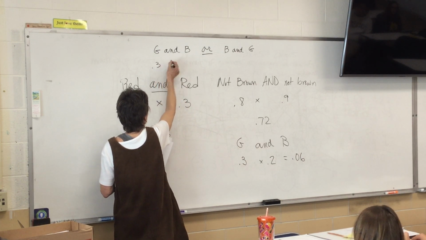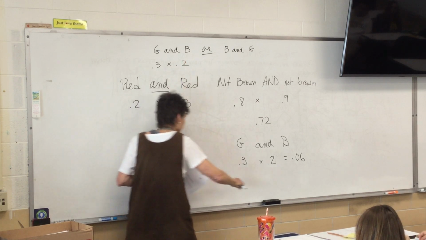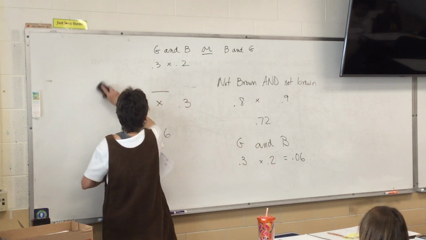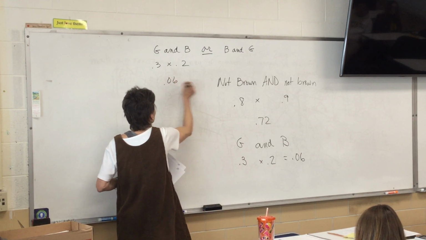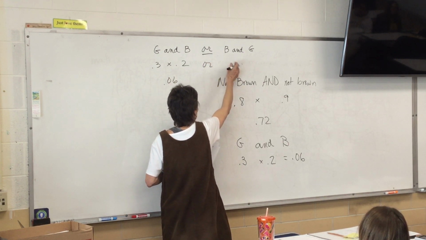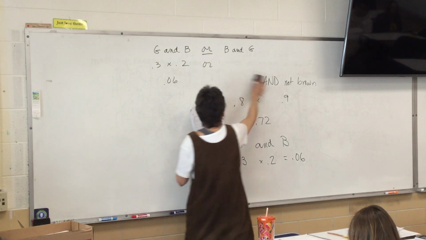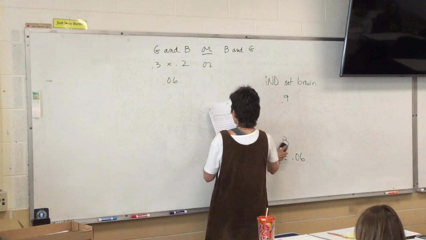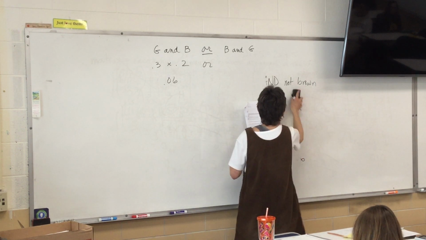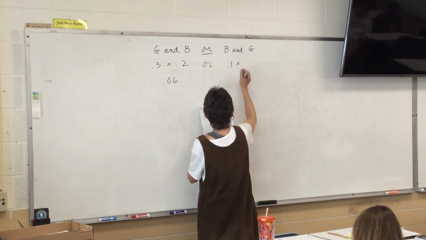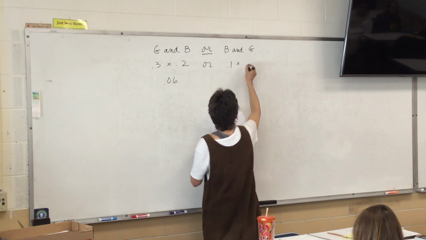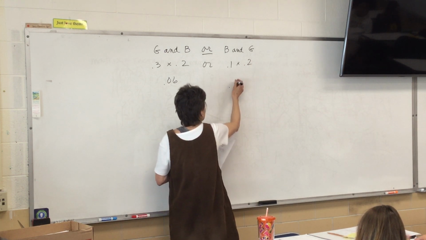This was 0.3 times 0.2, which was 0.06. Or, okay, now what's this one going to say? Blue and then green. What's that? Blue from Maggie is 0.1 and green is 0.2. So that's 0.02.